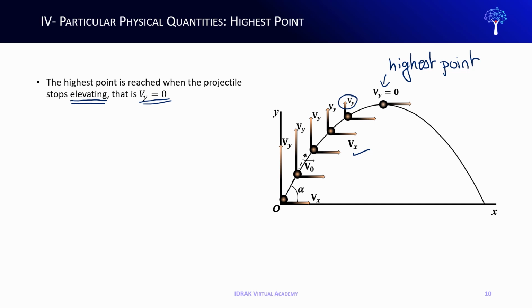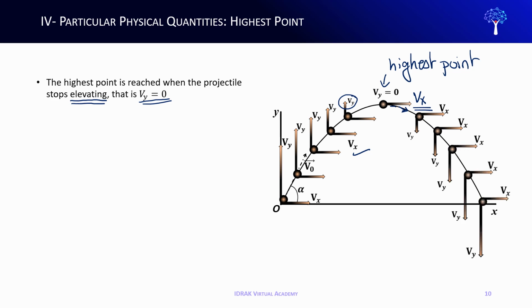No, it continues moving because it has some speed on the x-axis, and it's going to proceed moving forward and falling down. The difference between rising and moving down is that Vy, which was directed upwards in the ascent, is now directed downwards as the projectile moves down.